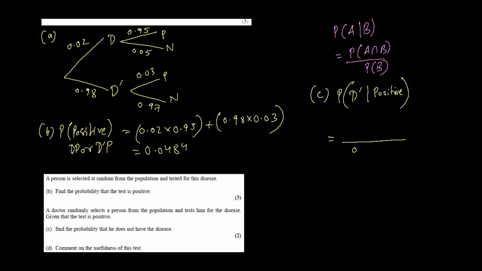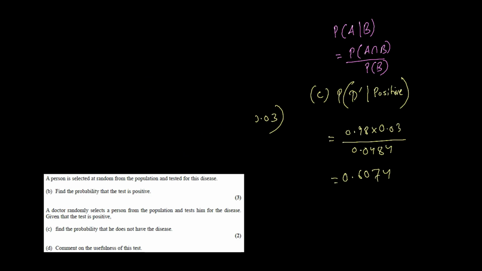So, positive: we just found this out in the previous sum. The probability of being positive is 0.0484, and we need here that he does not have the disease in reality. That means A intersection B, so that would be D prime and P. The answer is 0.6074, which means 60.7%.